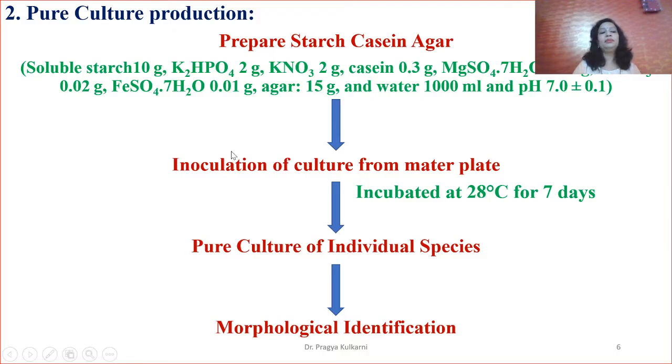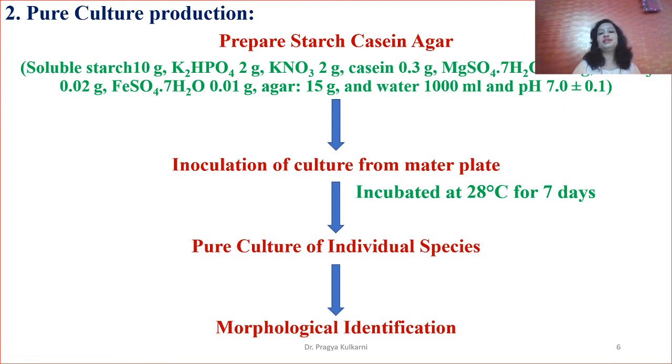Then the second step is pure culture production. For that we have to prepare starch casein agar medium. This is the composition of starch casein agar medium. It contains soluble starch, dipotassium hydrogen phosphate, potassium nitrate, magnesium sulfate, calcium carbonate, ferrous sulfate, and 15 gram of agar made up to 1000 ml of water, and the pH is neutral, 7.